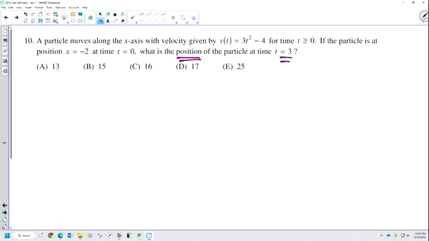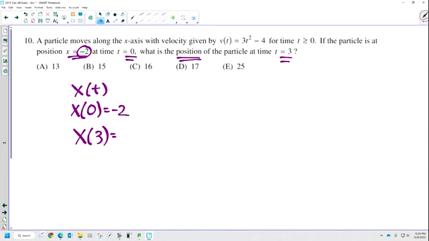So position is x. So x of t is position. And they say x of 0, at time 0, is going to equal negative 2. So we got that. They're asking us, what's the position at time 3? That's the golden question they got for us right now.